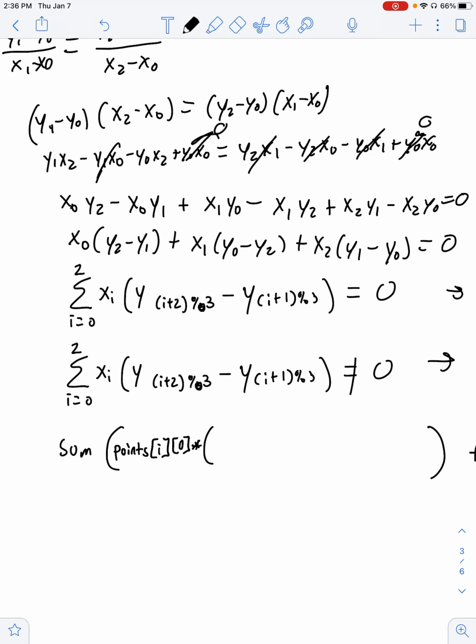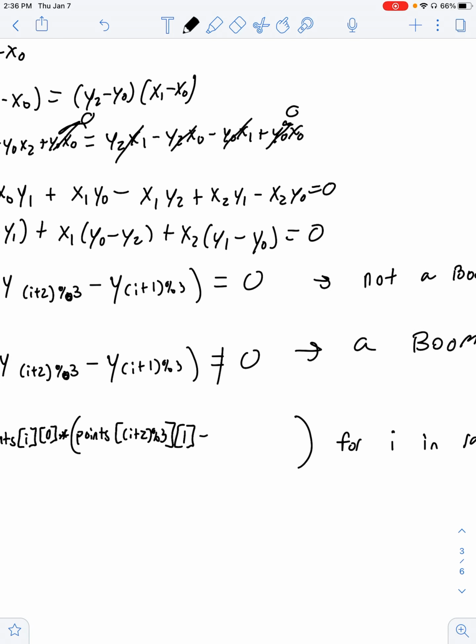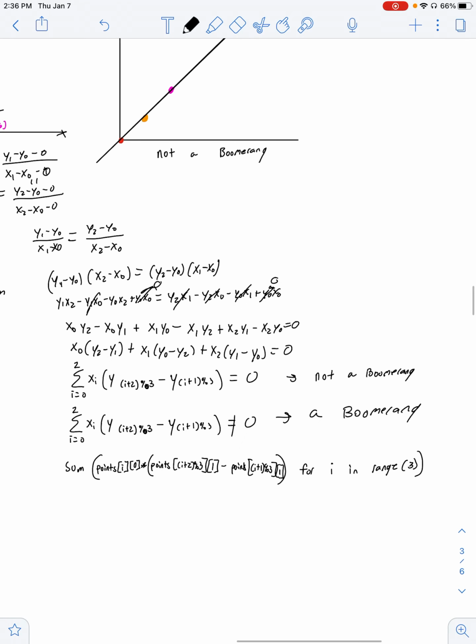Okay, so if I did points at i plus 2 mod 3, 1 minus points i plus 1 mod 3, 1 for i in range 3.